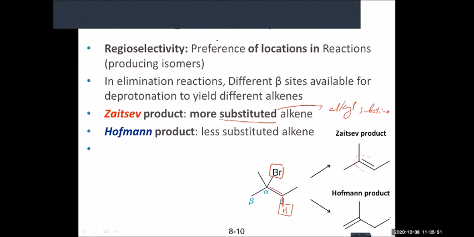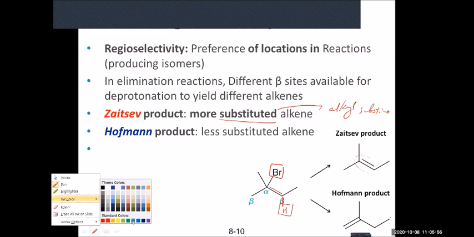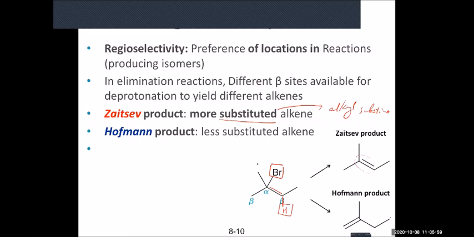Okay, the other reaction is we call the Hofmann. The Hofmann reaction is, you notice there are two methyl groups. The methyl group, each one has only linked with only one carbon with this. But we have a such hydrogen. So if the base takes away the proton from one of these two methyl groups, you will get the double bond.